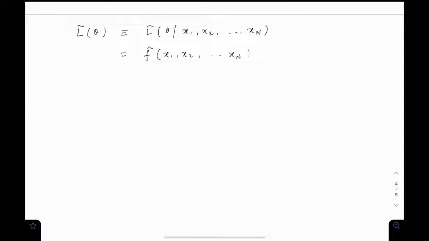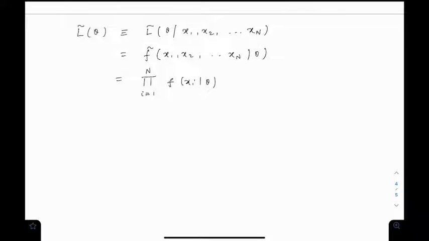So basically, L tilde of theta for x1, x2, all the way up to xn is equal to the product from i equals 1 to n of f of xi given theta.